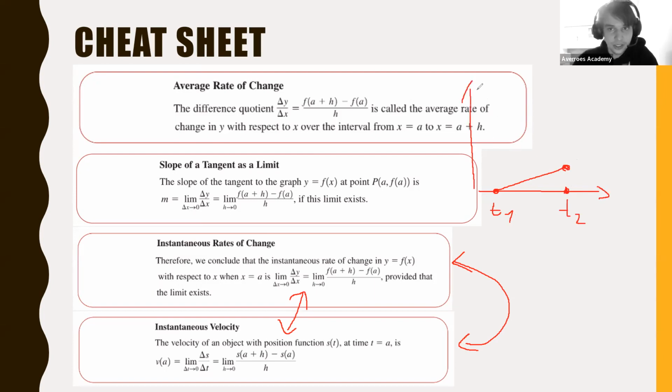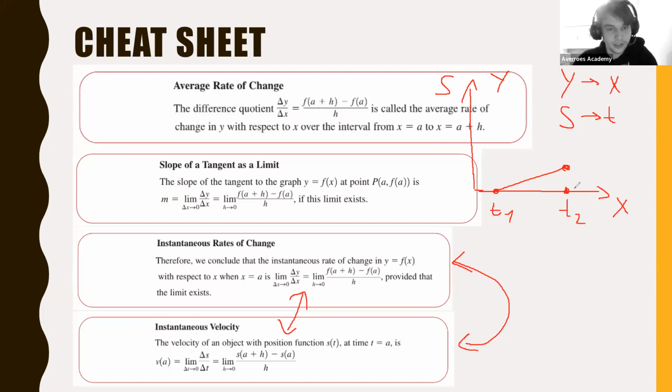If you take a look at this, this is nothing more than the x and y axes. When we look at rate of change in terms of y and x, we look at how y changes with x. In this case, when we're talking about distance and time, we're talking about how the distance that we cover changes with time.